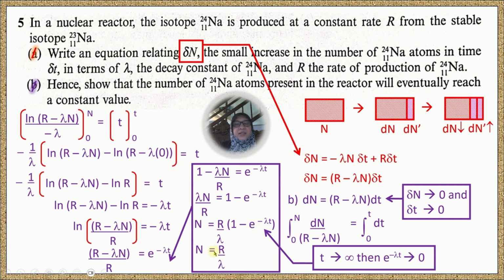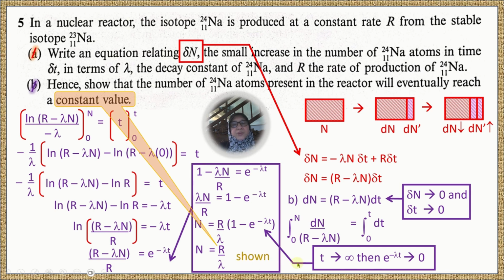So we get n equals r over lambda, because 1 minus 0 is 1. So r is a constant and lambda is a constant. That means it is proven, shown, that the number of natrium-24 atoms present in the reactor will eventually reach a constant value. So r is constant, lambda is constant. So proven, shown.